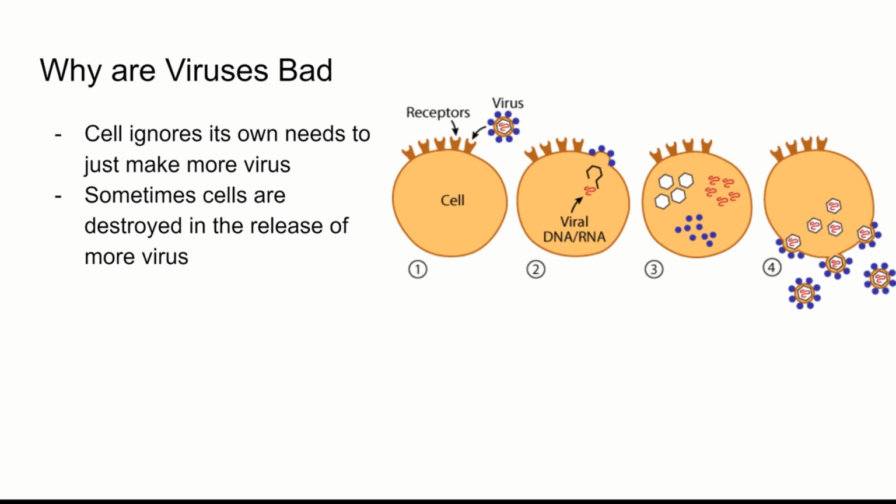Some viruses don't have any way to interact with the cell transport system, so they just keep filling up the cytoplasm with virus until the cell membrane bursts, releasing the virus into the surrounding space. And so when that cell membrane bursts, obviously that cell is destroyed.